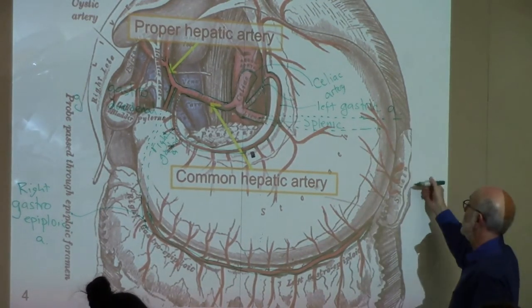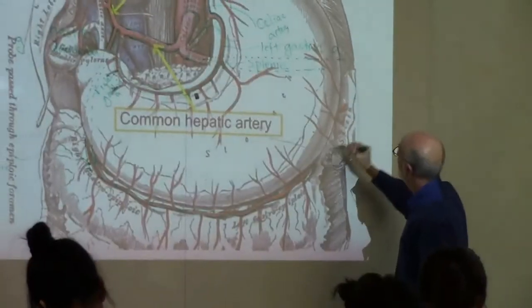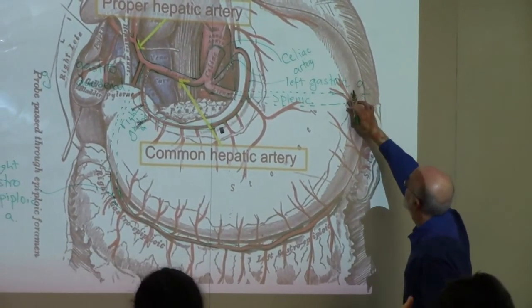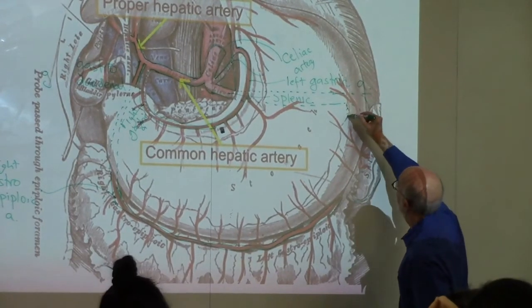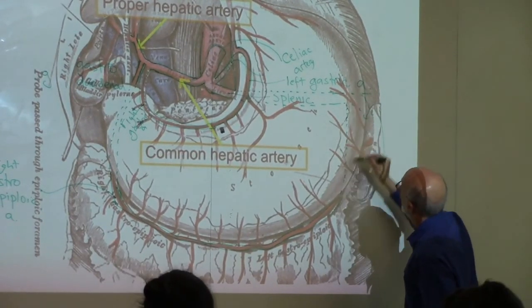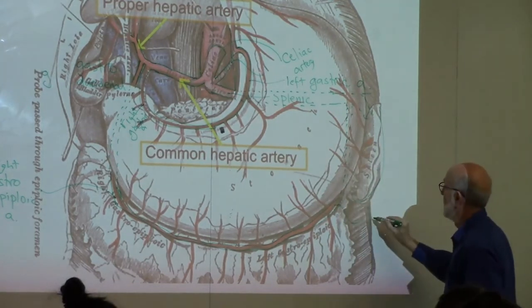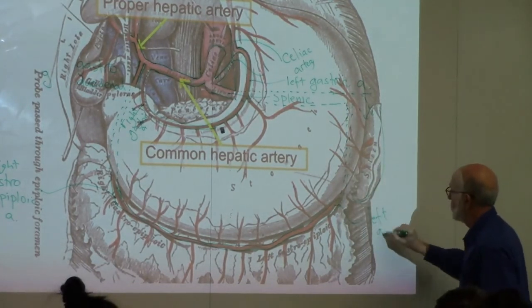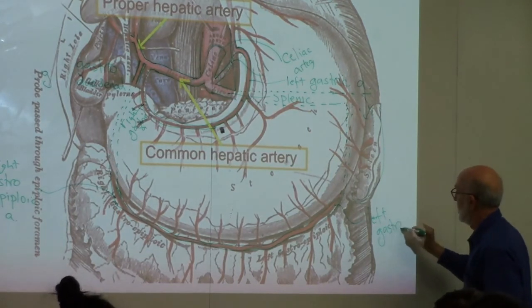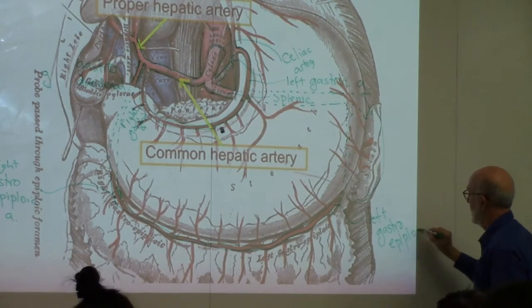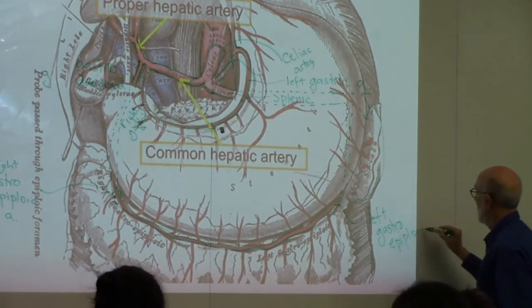Some of it goes to the spleen, which is right here. So the splenic artery goes to the spleen, you can't see it, but there's a branch from the splenic artery that is the left gastroepiploic artery.